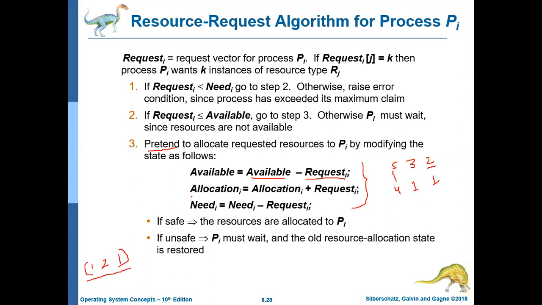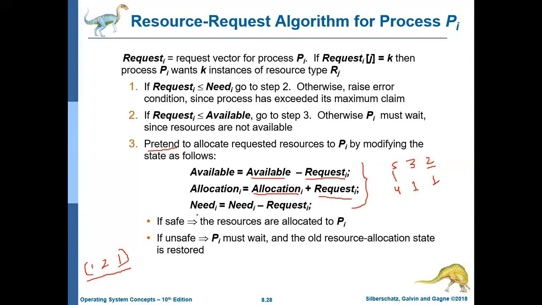Now, what will be the allocation? Will allocation be increased or decreased? That process was having some resources already. Now you are giving some additional resources to that process, so your allocation will be increased by the same request, because you are allocating these resources to that process.